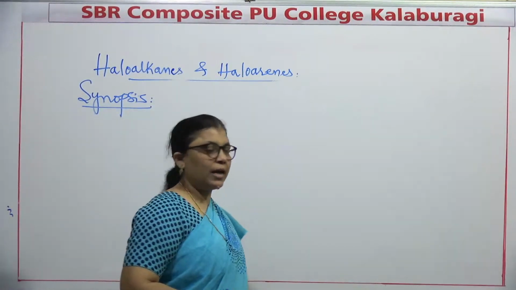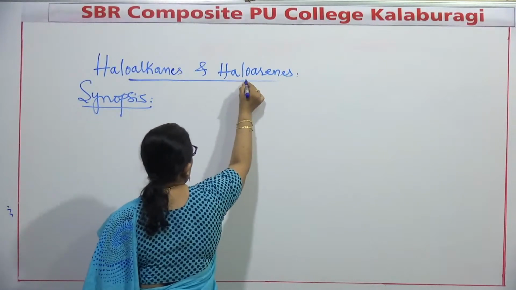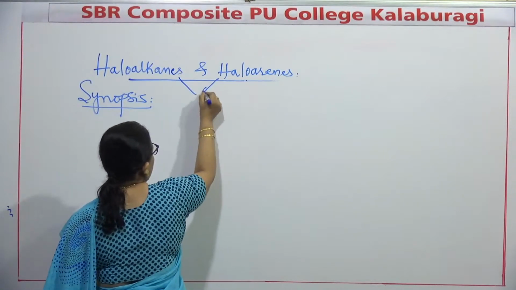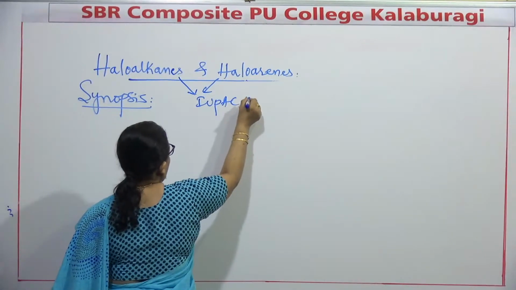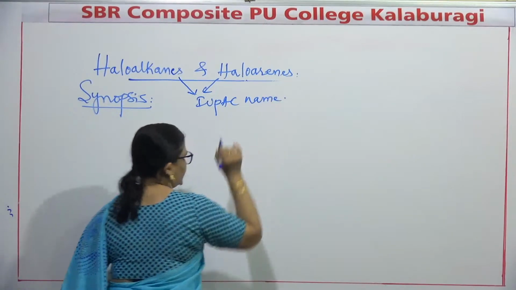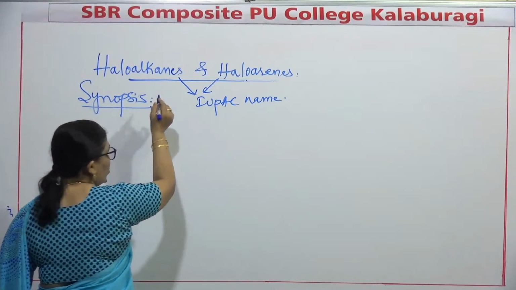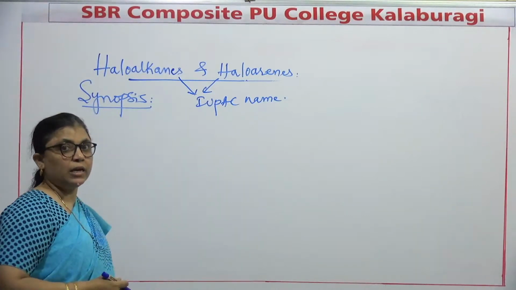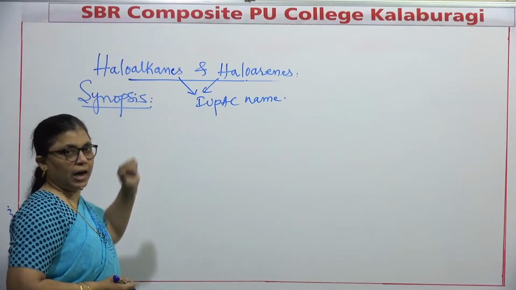As we know very well, the name itself indicates that haloalkane and haloarene both are IUPAC names. According to the common system, haloalkanes are called what? Alkyl halide.